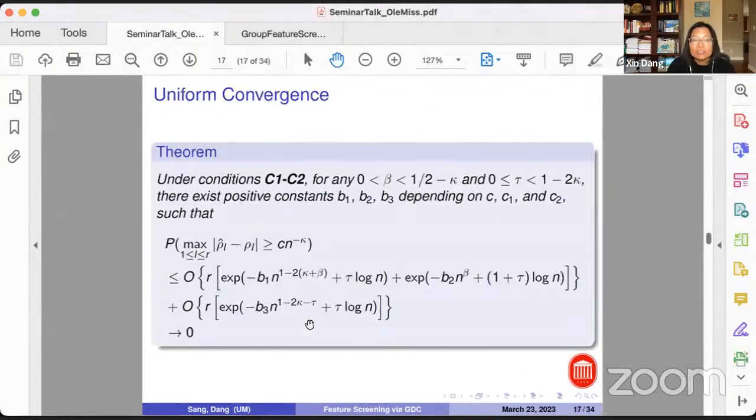So these are the 3 conditions. If you satisfy the first 2, we have uniform convergence at an exponentially fast rate of your rho_L hat to the population rho_L. The convergence rate is exponentially fast and uniform over all the classes.